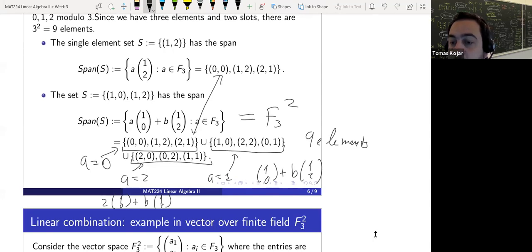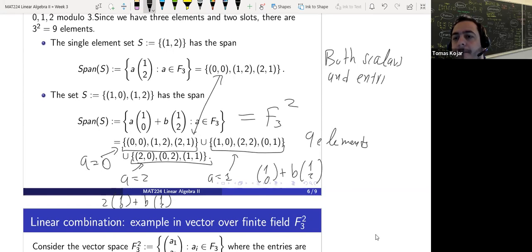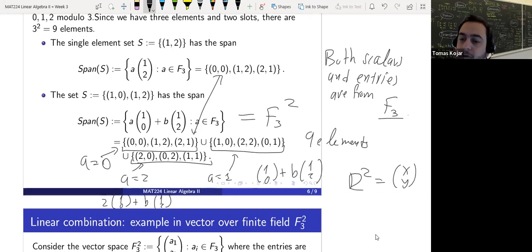Is this because scalar multiplication was defined as modulo? I'm confused as to why the entries have modulo. Both scalars and entries are from F3. This is the same thing with reals. Similarly to reals, if you look at R2, you have X, Y, but your scalars are also from the reals, from the underlying field.